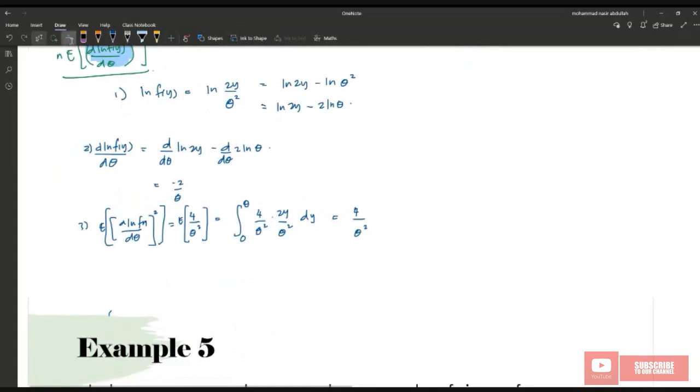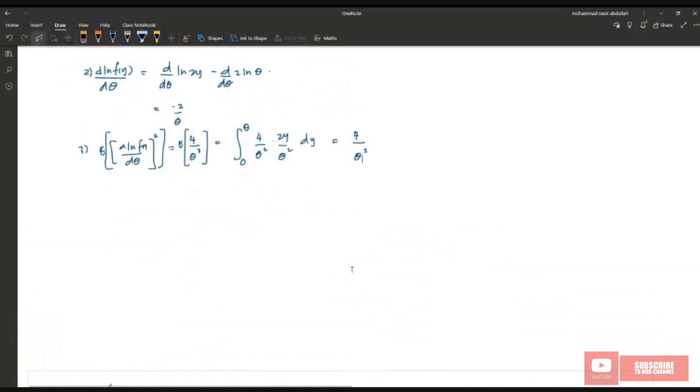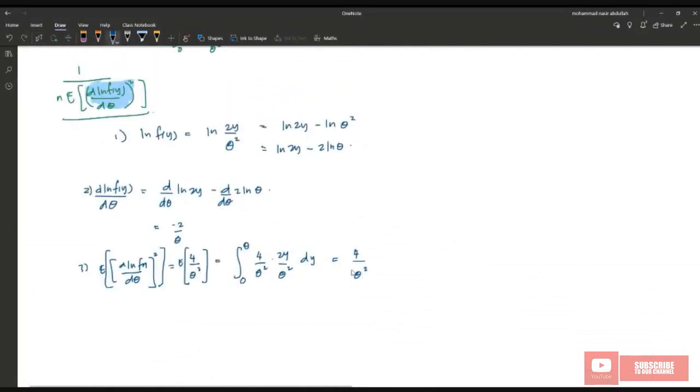So then we will plug in this value into the formula, right? So step number 4, 1 over n multiplied with 4 over theta squared.